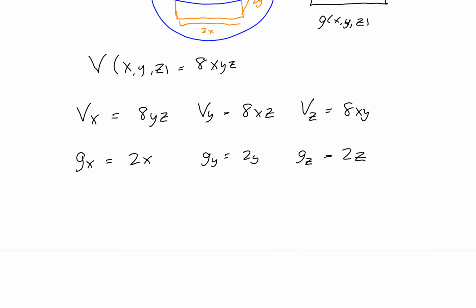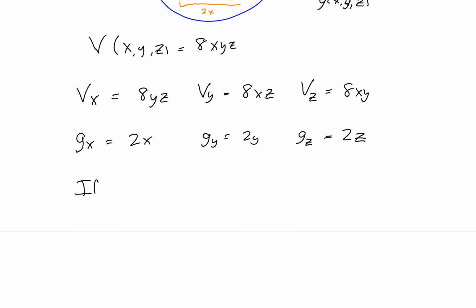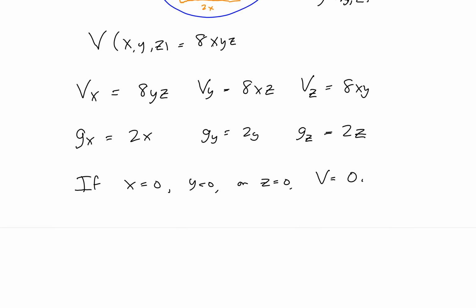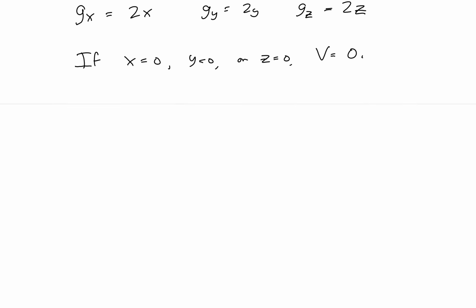And now notice, if any of the x, y, or z is equal to 0, then our volume is equal to 0. So that's likely not going to be our maximum, because if we just take any of them non-zero, then we get something bigger than 0. So we can go ahead and, since we know what the volume will be from now on, let's just assume x is not 0, y is not 0, and z is not 0.